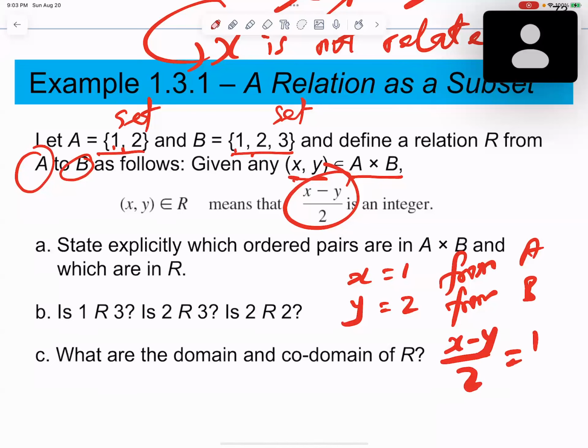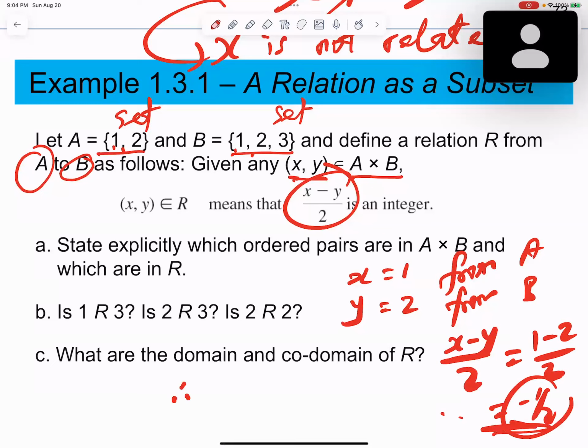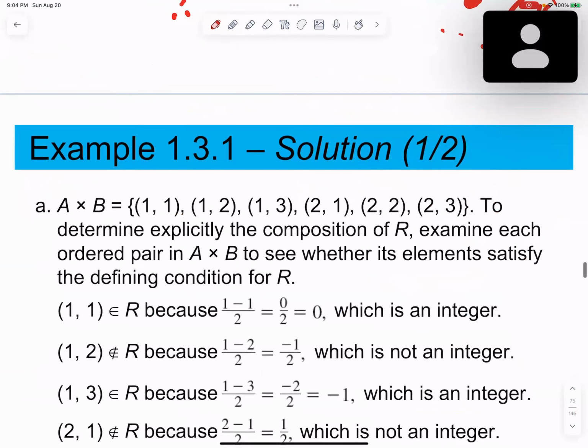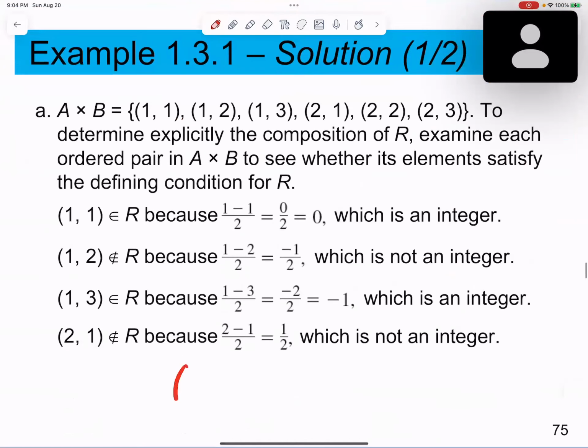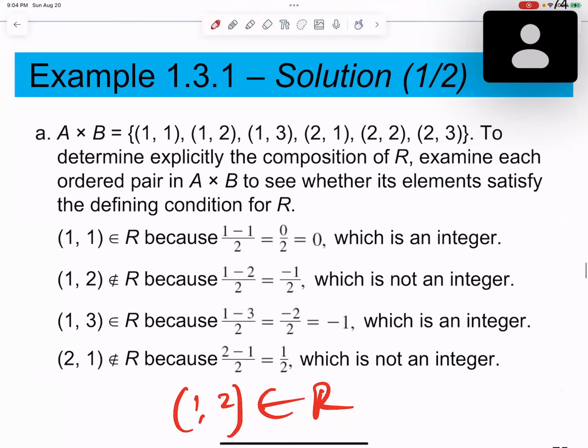That will give me (1 minus 2) over 2, which is negative 1 over 2. This is not an integer. Therefore, that won't work. We can say that this is not a member of this relation. This other one is right, so this is correct because that gives me an integer. This is wrong because when I do (x minus y) over 2 on this, I get negative 1/2.